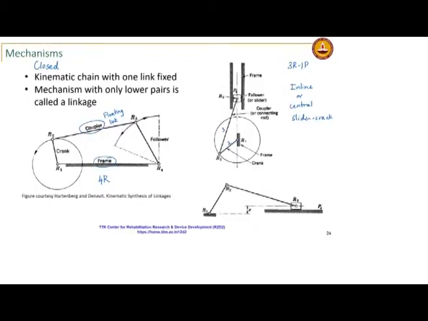If the path of the slider is offset from the point of rotation of the crank, then this is called an offset or eccentric slider crank. Again this is the crank, coupler and the slider block.